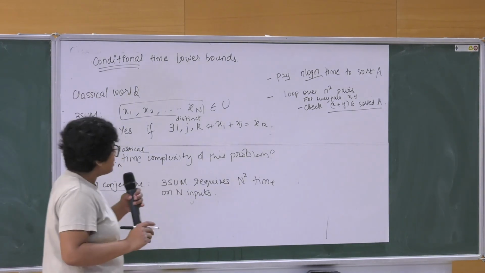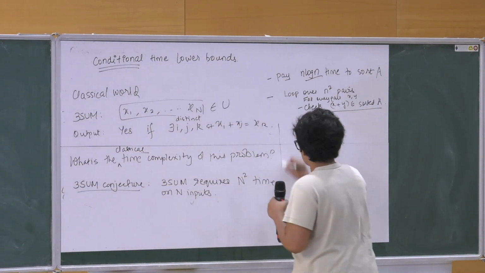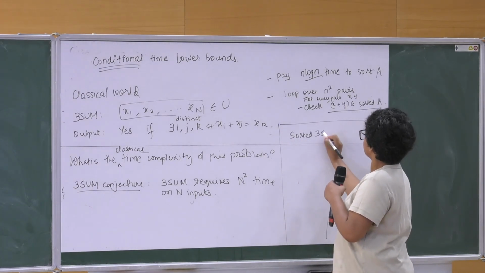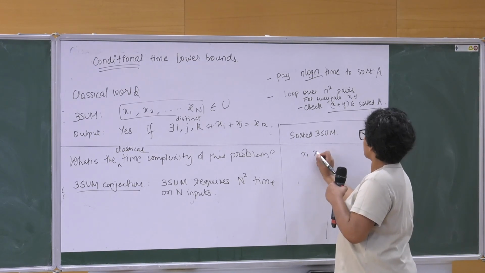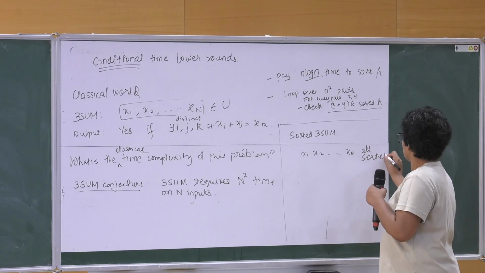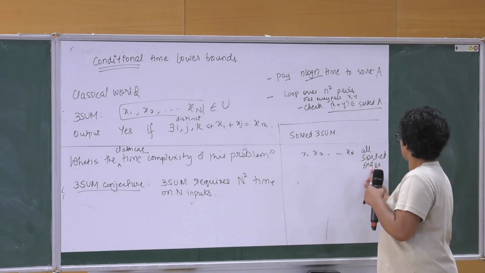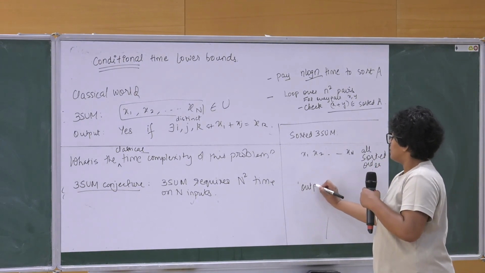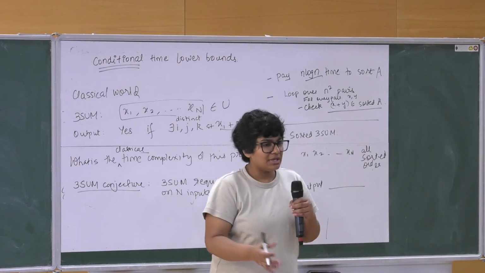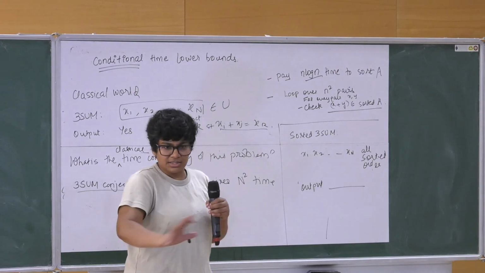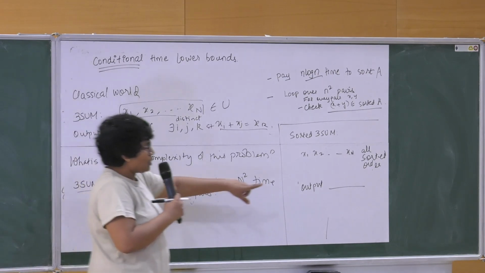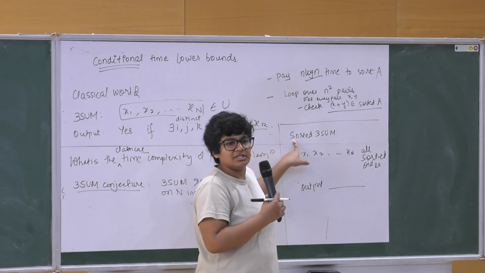The sorted threesome problem says you're given x1, x2, up to xn, all already in sorted order. You output the same answer, but your input is given in sorted order. So now if I believe in the threesome conjecture, can I conclude a lower bound for sorted threesome?